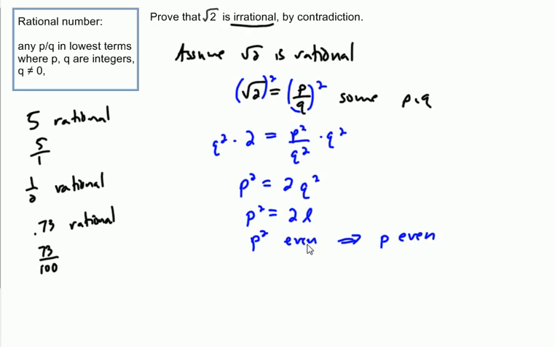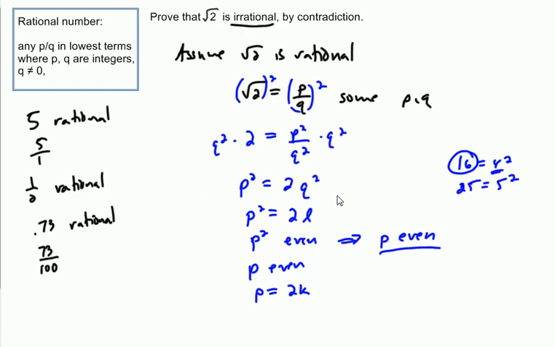You can certainly explore some perfect squares like 16, which is 4 squared, and 25, which is 5 squared, and so on. Any time the perfect square is even, the number you're squaring has to be even, but that can be proven. So right now, we're just going to assume that p is even. Well, if p is even, then p must be some 2k.